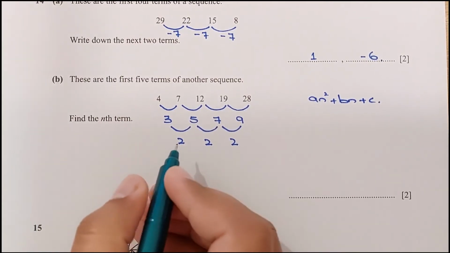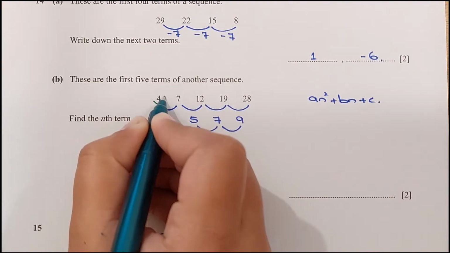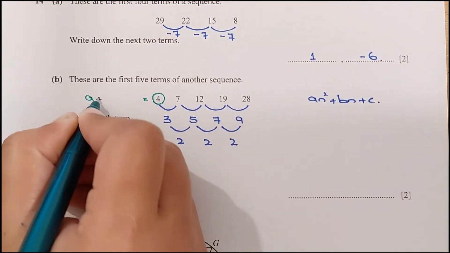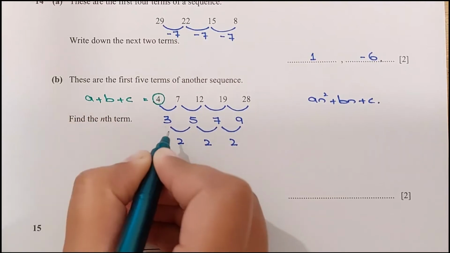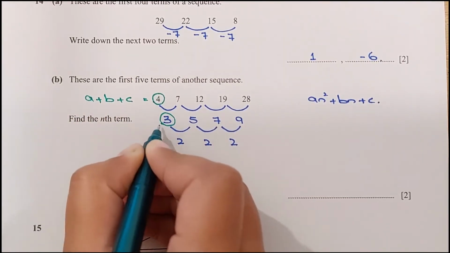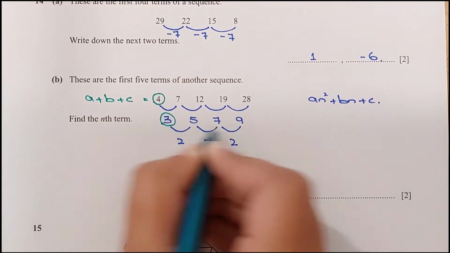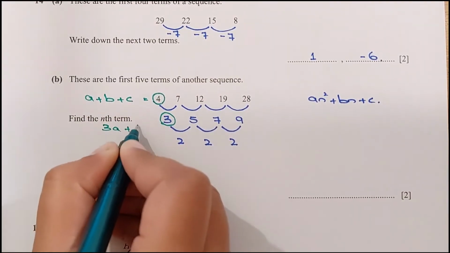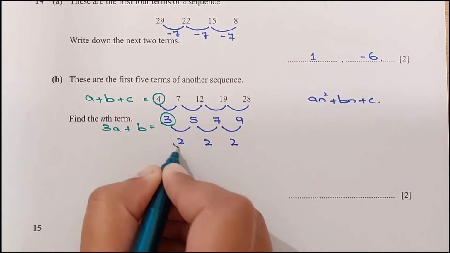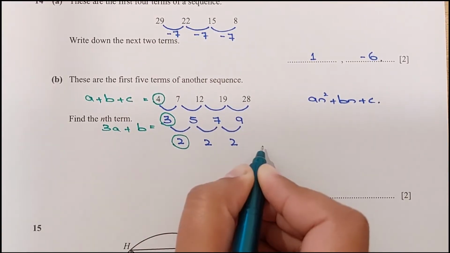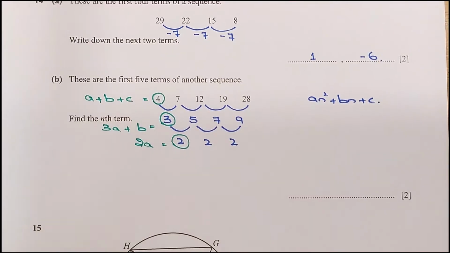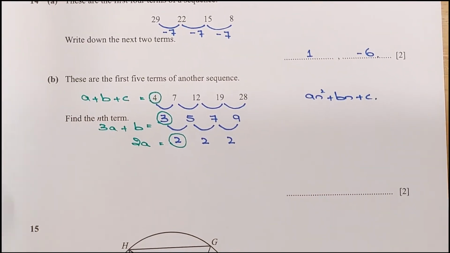When we have a quadratic sequence, we have to use the formula that the first term of the sequence is equal to a plus b plus c. The first term of the first difference is equal to 3a plus b, right? And the first term of the constant second difference is equal to 2a, right? So you have to remember these 3 equations.